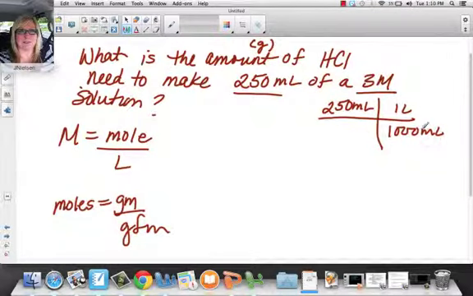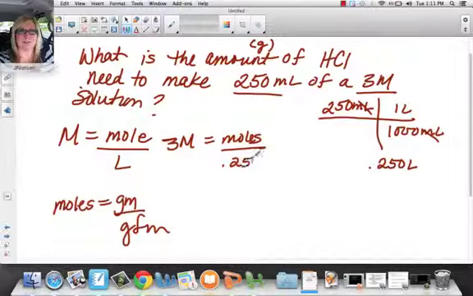So these cancel, and I'm going to get 0.250 liters. So my molarity is 3 molar equals moles over 0.250 liters. I can cross multiply here, and I get 3 times 0.250, which is going to give me 0.75 moles. But that's not my answer.